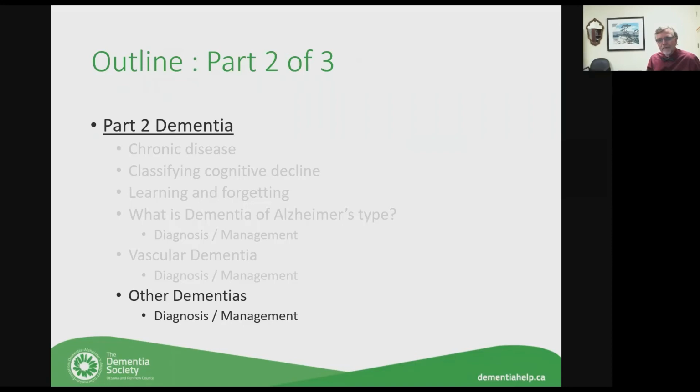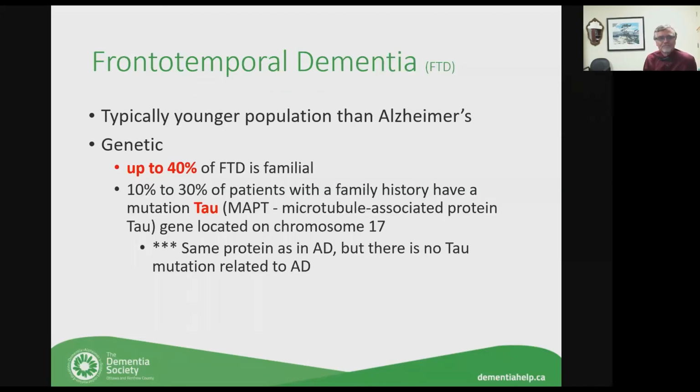So Alzheimer's is one of the most common, and circulation problems is certainly the second most common type of dementia. And so now we're going to plow on and talk about the rest of them, or not all of them, but the most substantial ones, the ones that you're most likely to encounter.